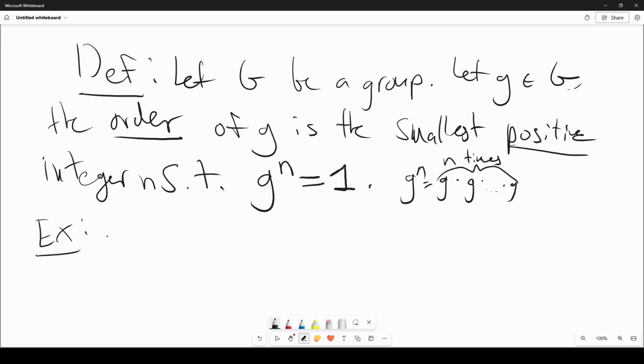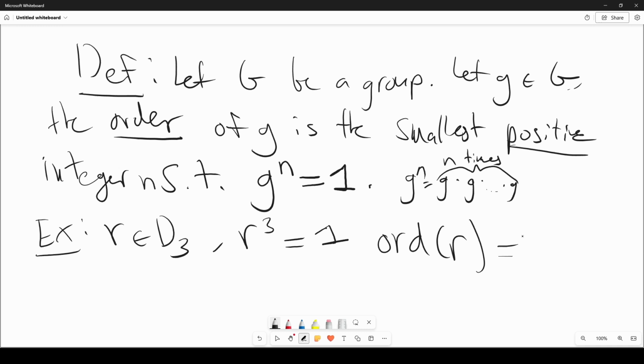Okay. So consider the rotation element in D3. We know that r cubed equals 1. If you rotate the triangle 3 times by 120 degrees, you get back to the identity. So this means that the order of r, usually denoted ord(r), equals 3.